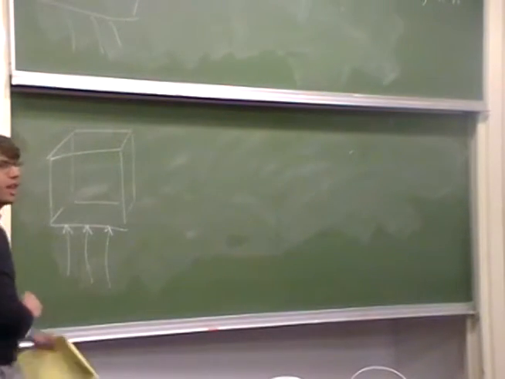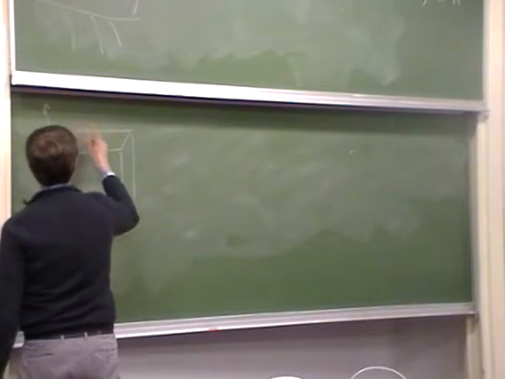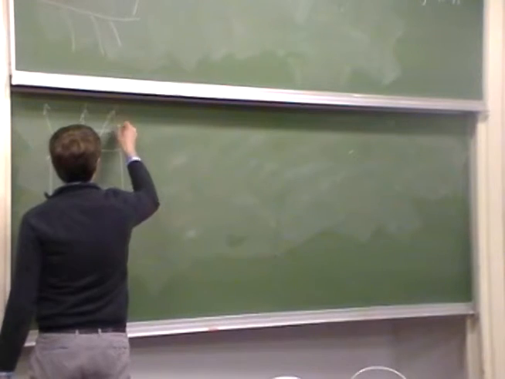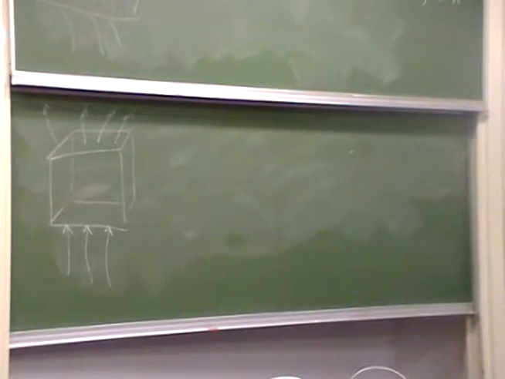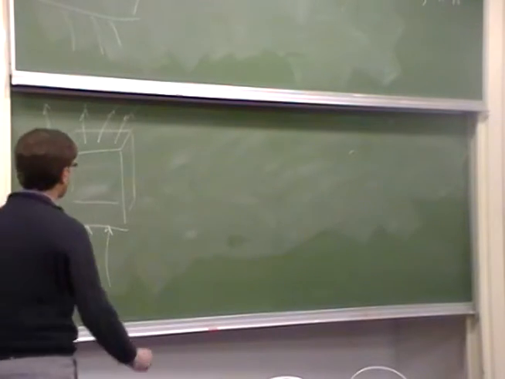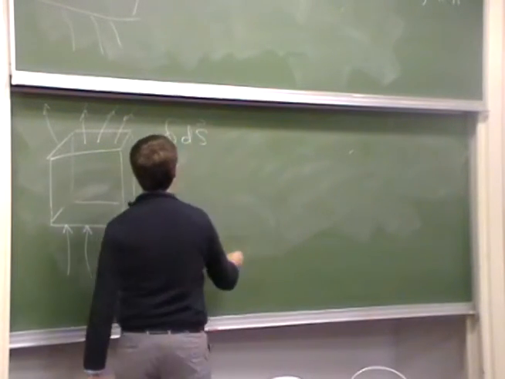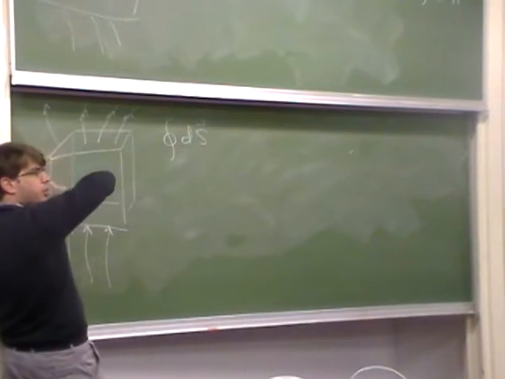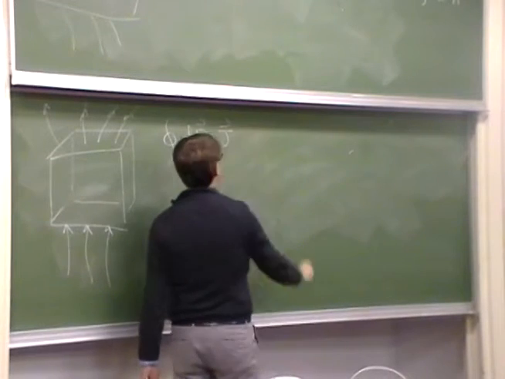They could be coming in from the sides, doesn't really matter. And some number of chains coming out. So what do we do with the flux? We're going to take the flux, integrate over the surface area that surrounds this box times this flux.